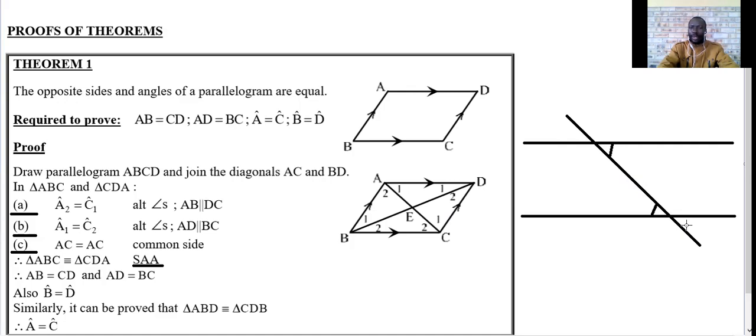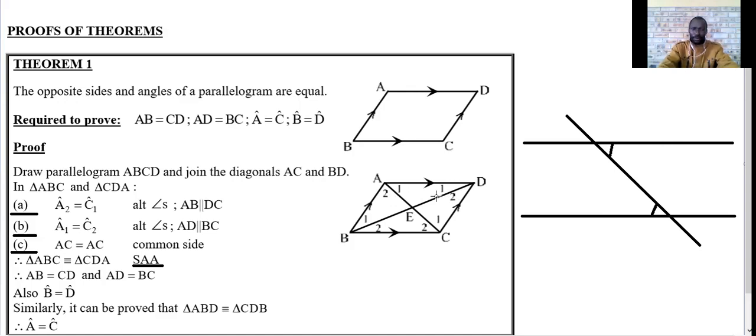Then by the fact of SAA, okay, side, angle, angle, or you could call it angle, angle, and a side, SAA or AAS, we can also state that the two triangles are equivalent, or simply congruent triangles.